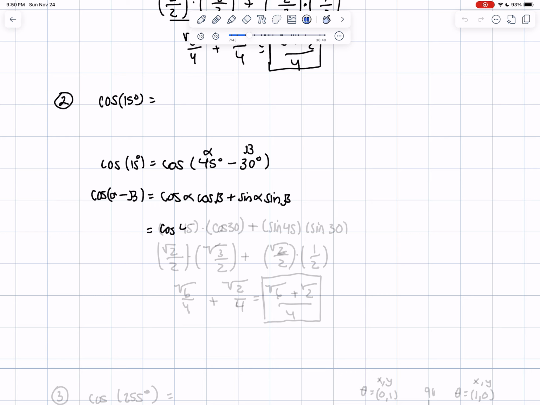Cosine of 45 times the cosine of beta, that's the cosine of 30, plus the sine of 45 times the sine of beta, which is 30.